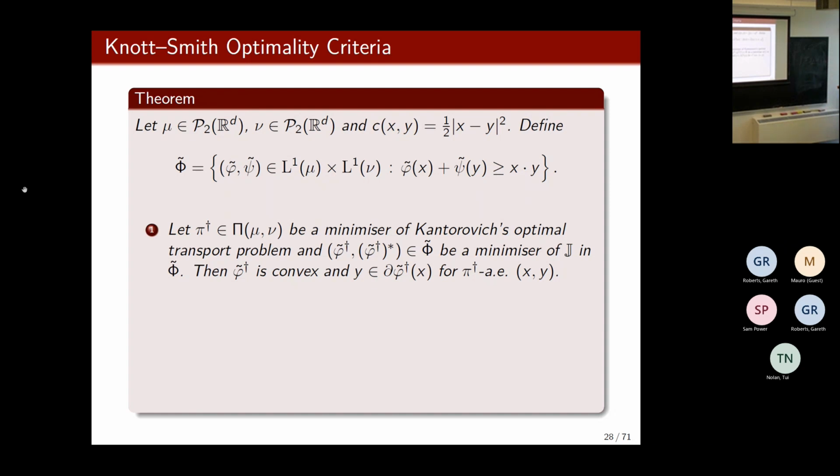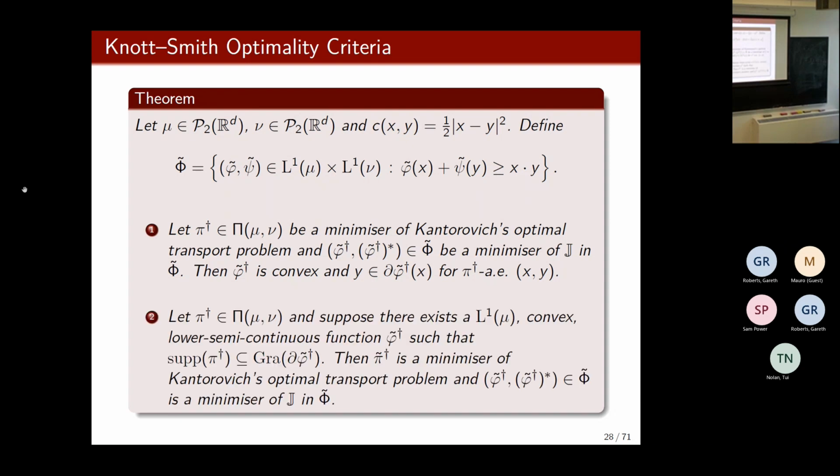But the point is that this function psi tilde is convex, and y is in the gradient of psi tilde dagger at x, almost everywhere.